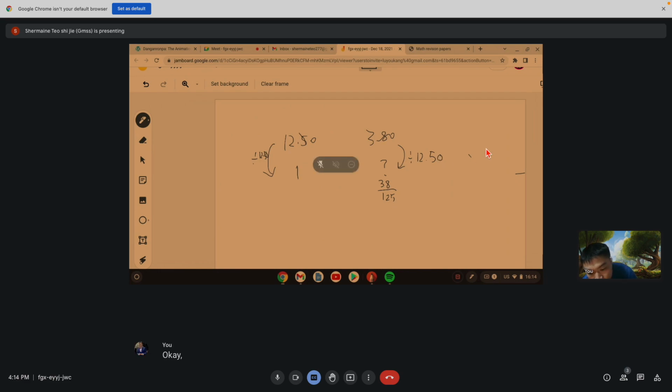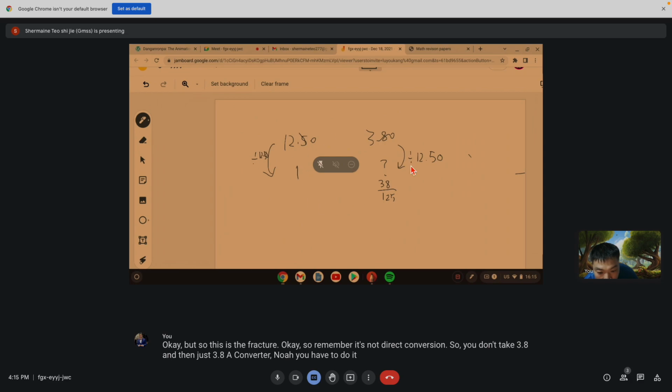Okay, good. So this is the fraction. Remember it's not direct conversion. So you don't take 3.8 and just convert. No. You have to do it this way.